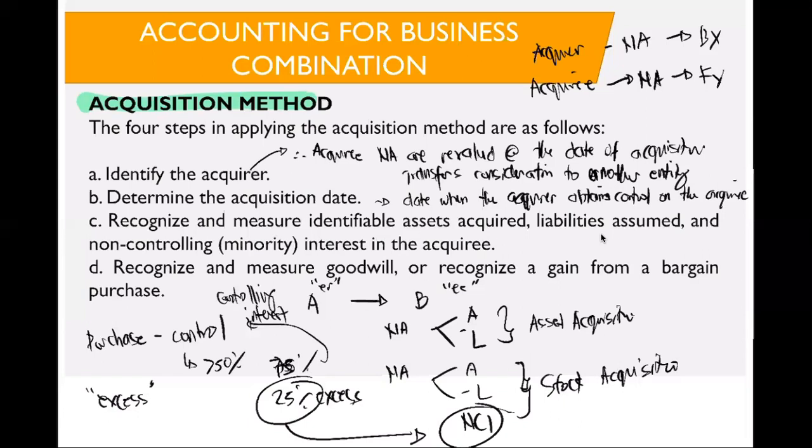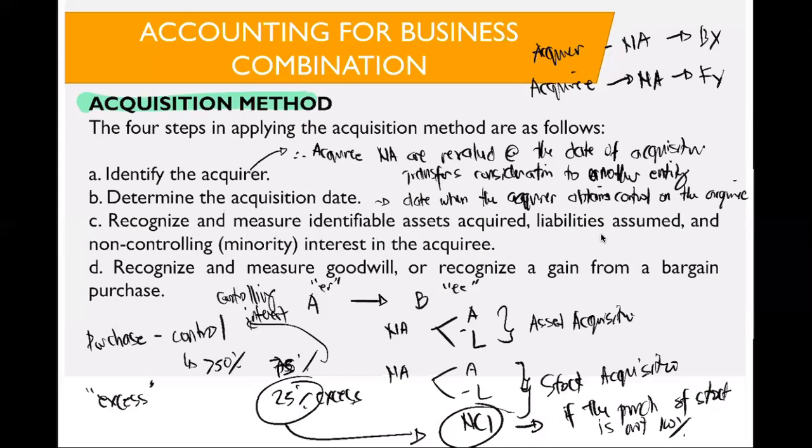It is known as your non-controlling interest. Okay? That happens on a stock acquisition only if non-controlling interest is present, if the purchase of stock is not 100%. It only appears whenever the purchase of stock is not 100%.